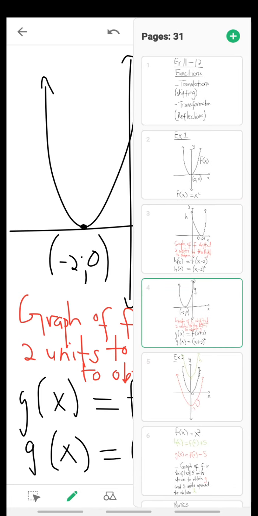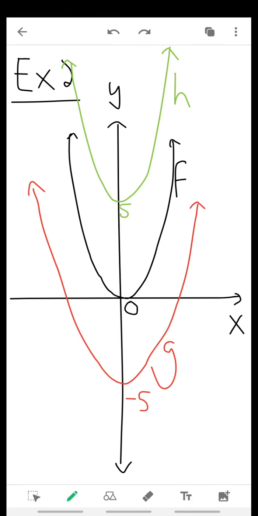Okay, and then on the next diagram, example number 2, we are having an original function f in black. Then we have 2 other functions, which is h as well as g. Okay, so when you look at h, h is a function f which has been translated 5 units upwards.